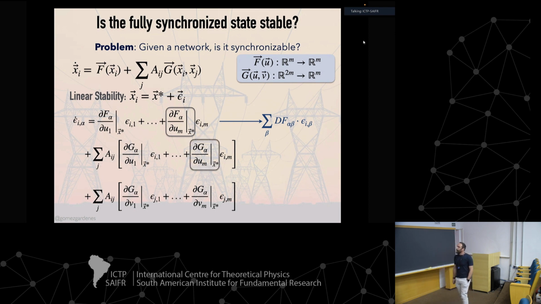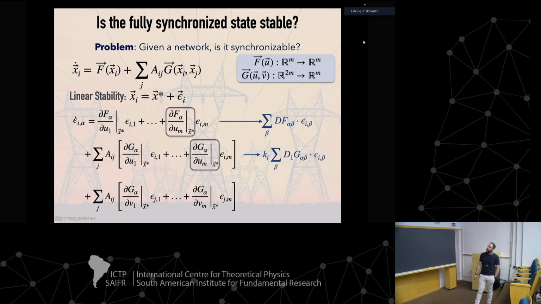In the second case, we can put the summation as well. Here the terms of the sum don't depend on j, so we can put it as k_i, the number of neighbors of node i, and the sum over beta of the Jacobian of function g.